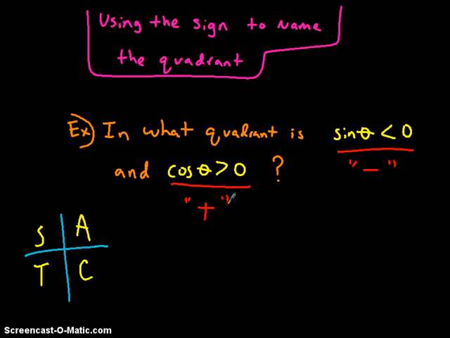So I'm looking for where sine is negative first. Sine cannot be negative here, sine cannot be negative there. The last one I'm looking for, cosine is positive. All right, so that's not really a T, that's really a plus sign. So cosine could not be positive here, but it's definitely going to be positive there. So this answer would be quadrant 4.